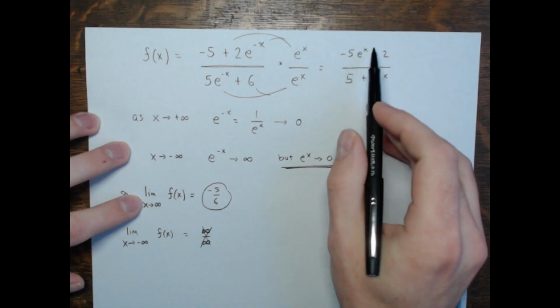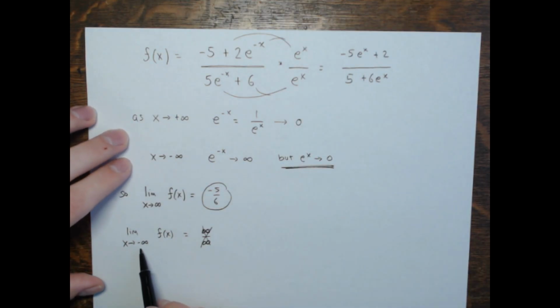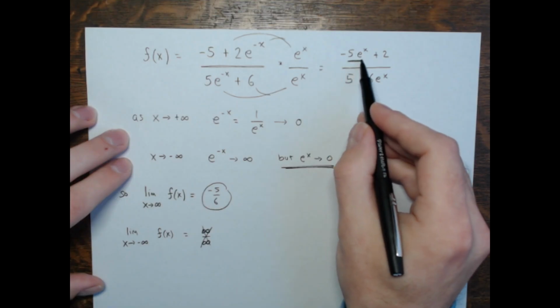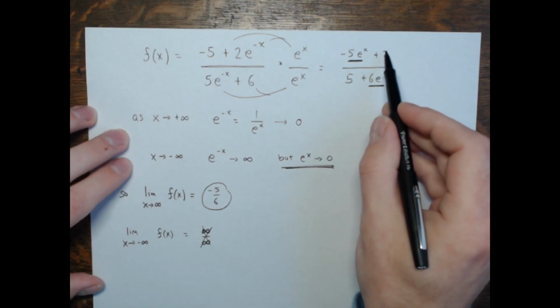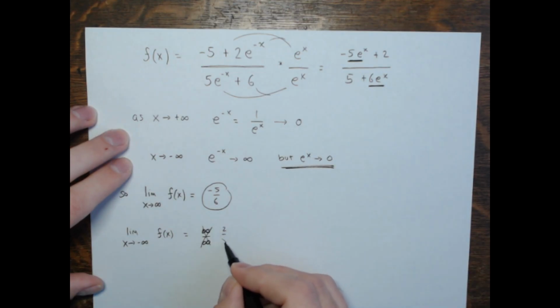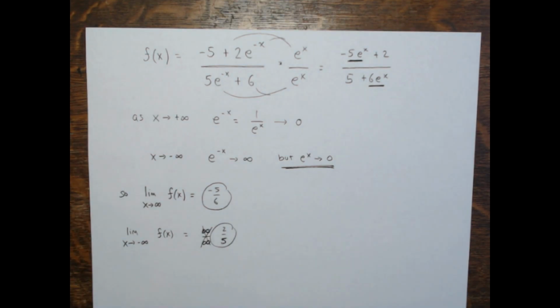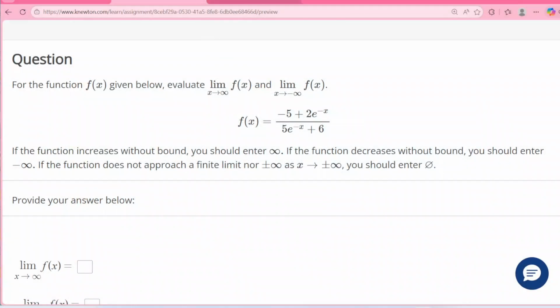Now if I look at it this way, when x goes to negative infinity, this negative 5 e to the x would go to 0. This 6 e to the x would go to 0, and I'd be left with 2/5. 2 in the numerator, 5 in the denominator. So this is one of those functions that's going to have 2 horizontal asymptotes. I'll show you in the graph.